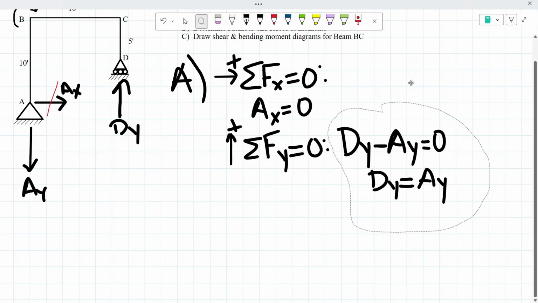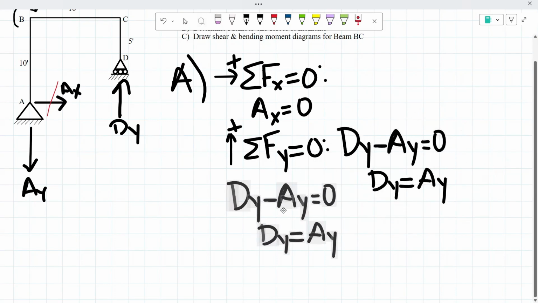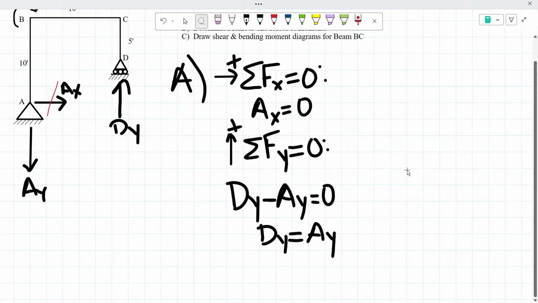We are going to take our moments around point A, because if you remember, if a force intersects an axis, the force will not produce any moment about that axis.